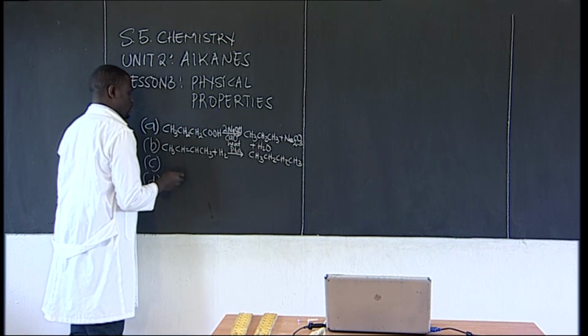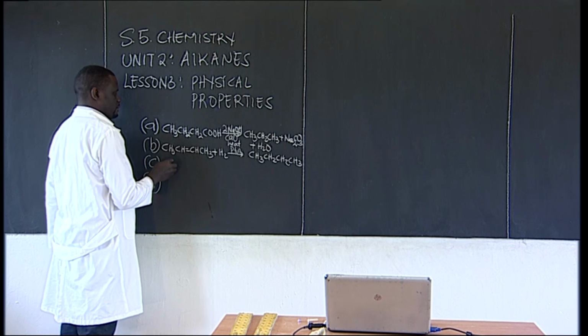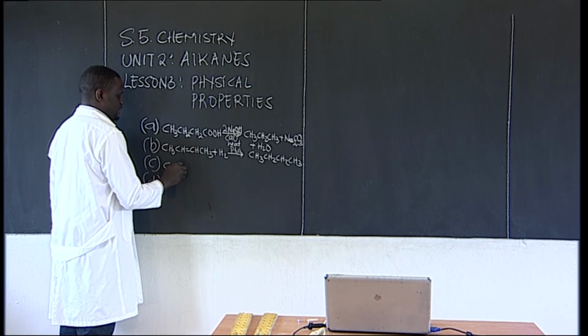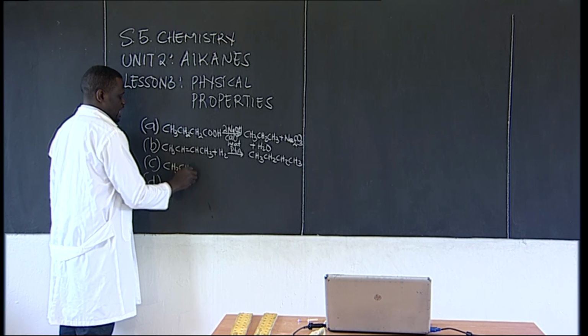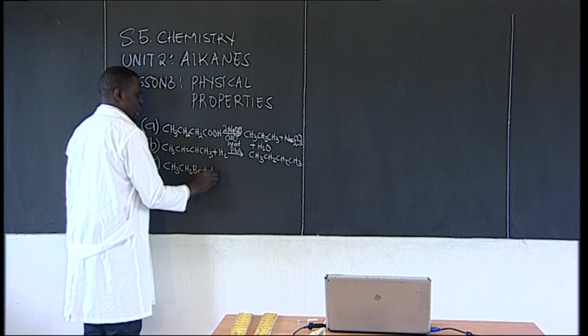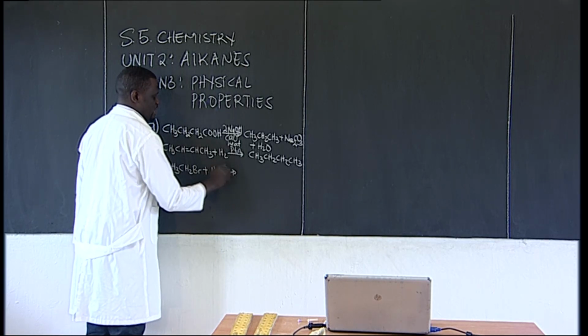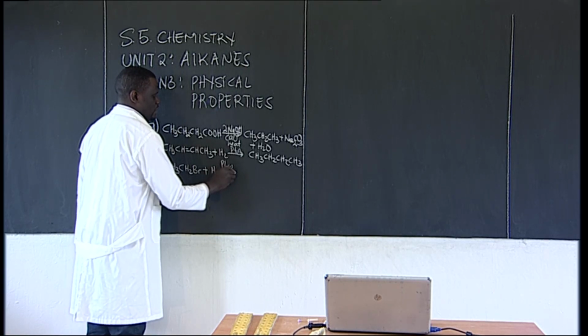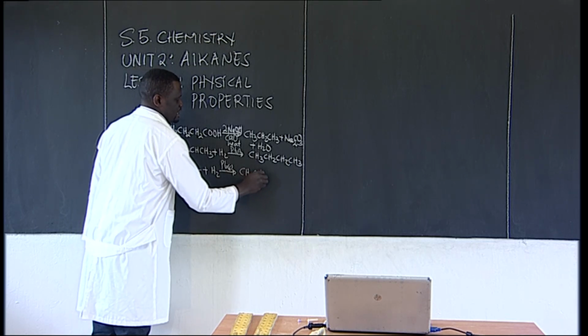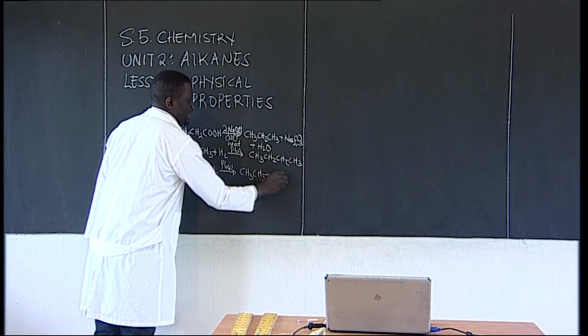Then we also had reduction of alkyl halides, where we have this one plus hydrogen, again in the presence of platinum or in the presence of sodium and ethanol. So we get our alkane again and HBr.